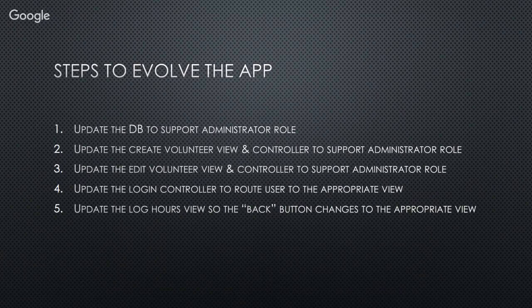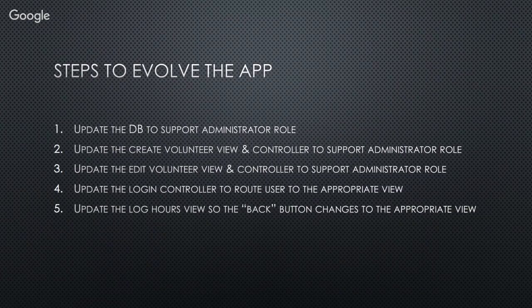We're also going to have to update the edit volunteer view, right? If they're not an admin, they shouldn't be able to make themselves an administrator. So we need to be able to turn that capability on and off. And then our login controller needs to route the user back to the appropriate view.